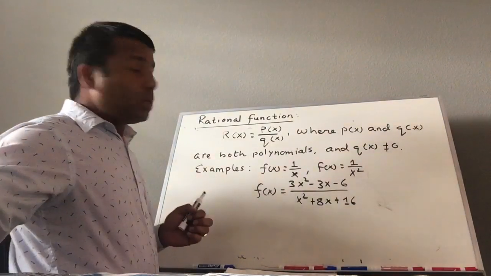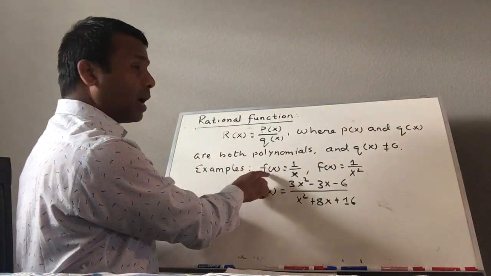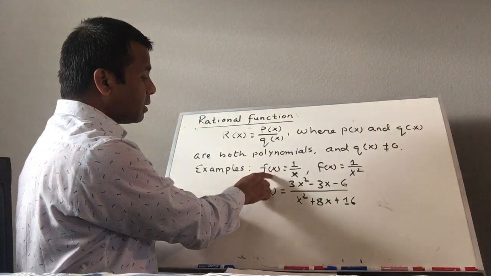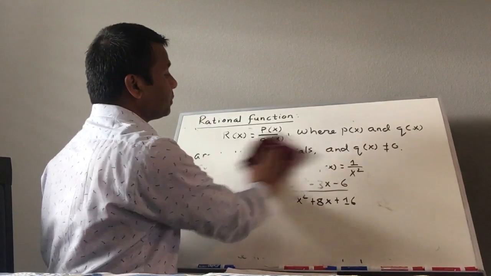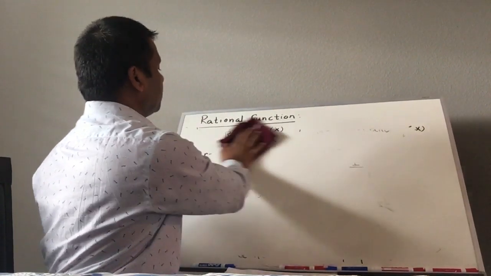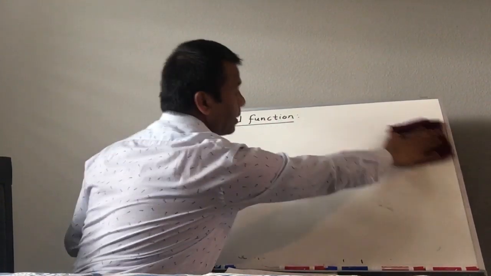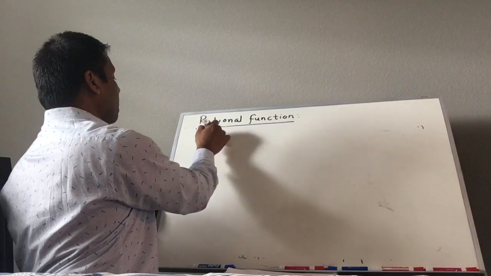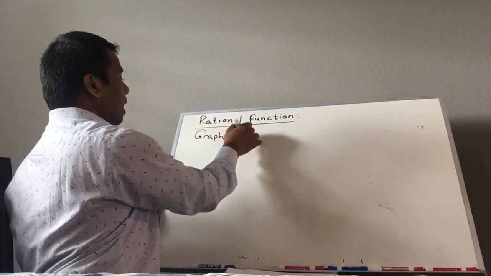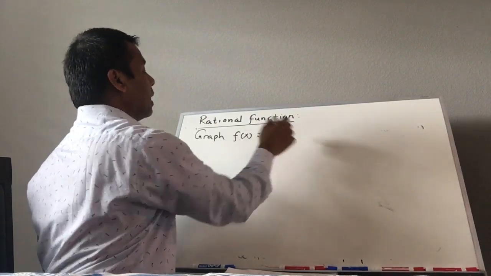Okay, so today we will graph the simple rational function f(x) equals 1 over x, which is also called the reciprocal function.